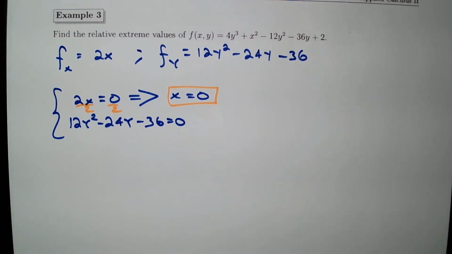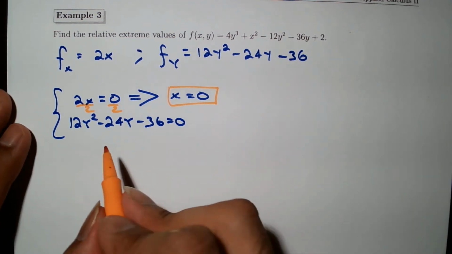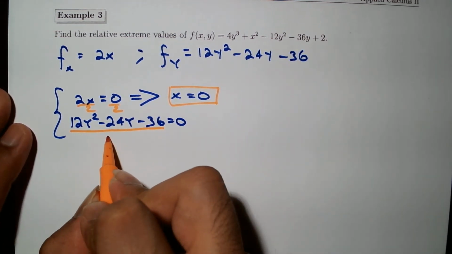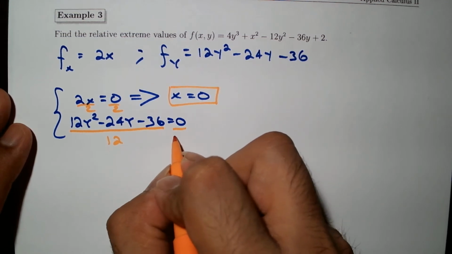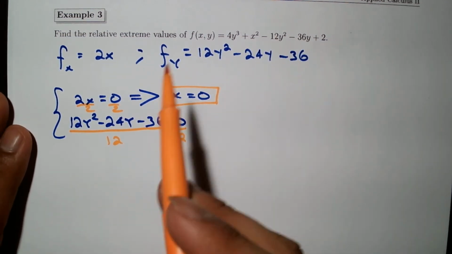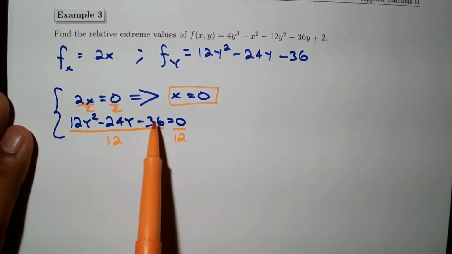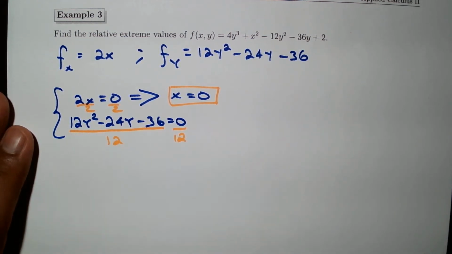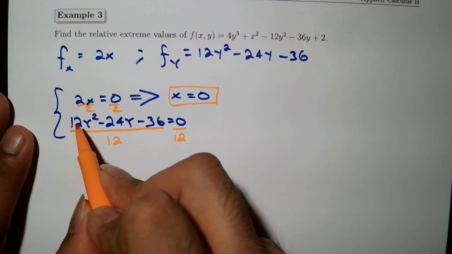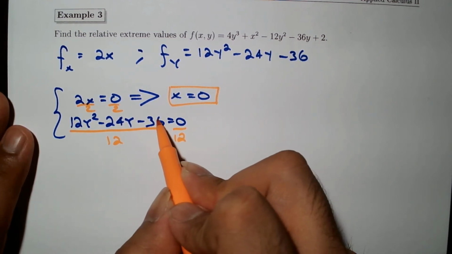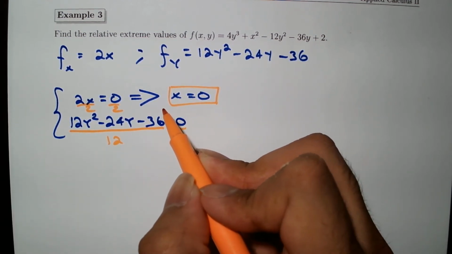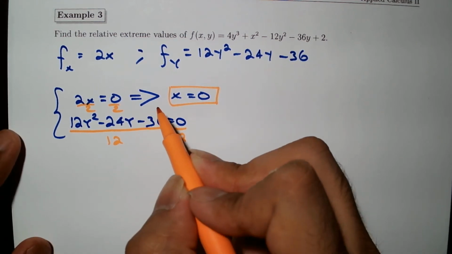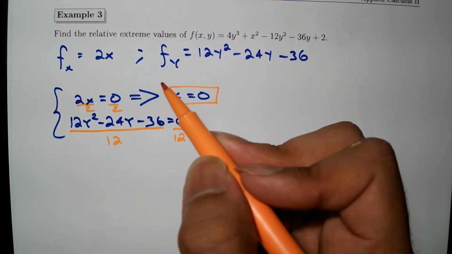To do that, I'm going to divide both sides by 12, because all numbers are divisible by 12. You don't want to solve this equation by factoring using these huge numbers, like multiplying 12 times negative 36 and then looking for factors of whatever huge number you get that add up to negative 24.